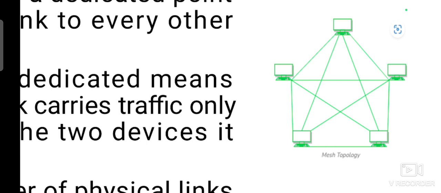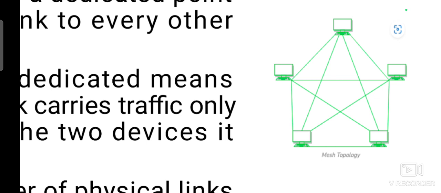So how can we find the values? See here, we have 5 devices connected to each other. What is the total number of ports required by each device? It is 4, because for example, device 1 connects with device 2, device 3, device 4 and device 5.